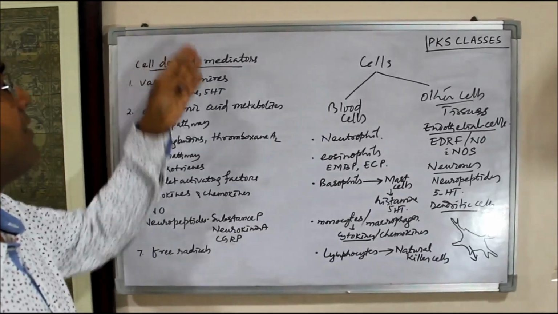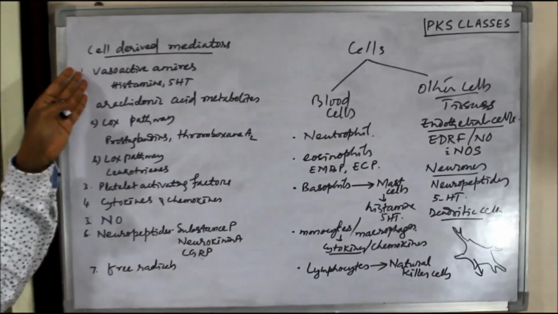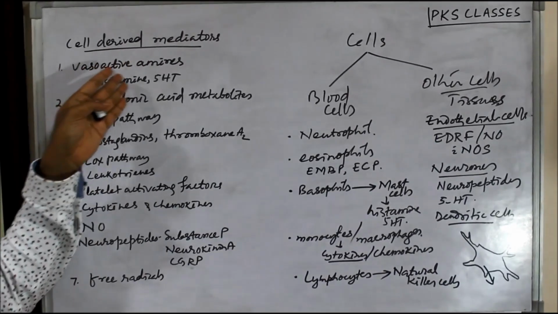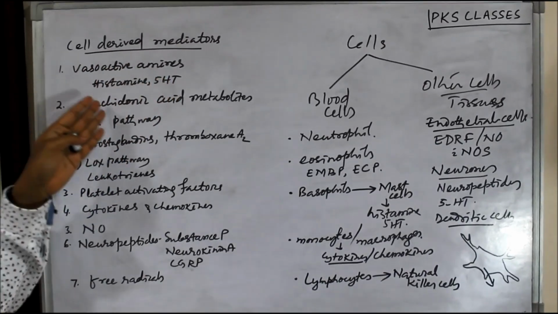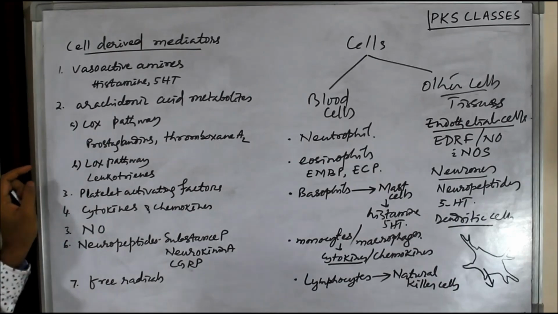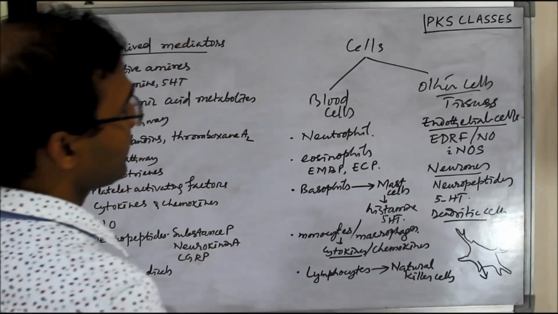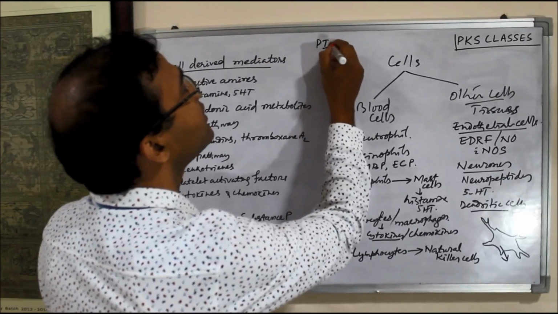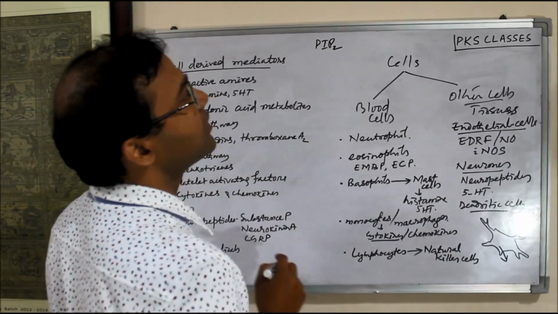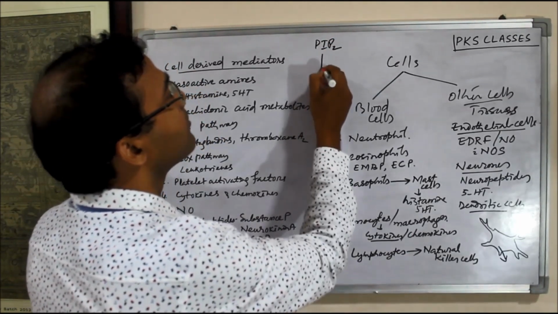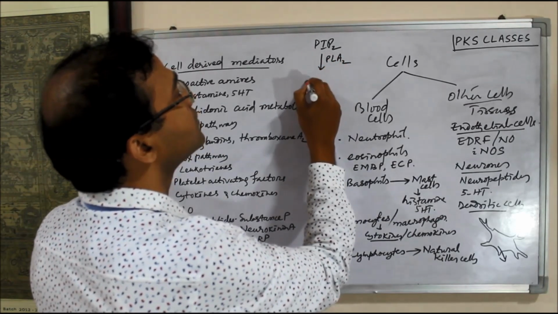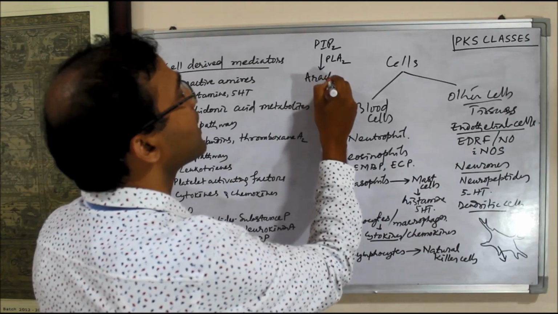The cell derived mediators we can classify as amines, vasoactive amines like histamine and 5-HT, and arachidonic acid metabolites. Arachidonic acid is released from PIP2, phosphatidyl inositol diphosphate, by the action of phospholipase A2.